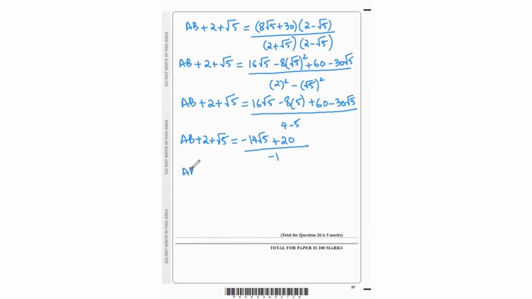So that's AB plus 2 plus root 5 equals 14 root 5 minus 20.